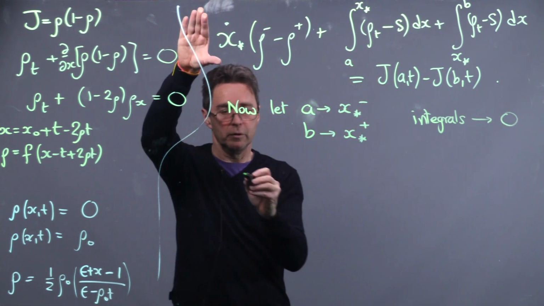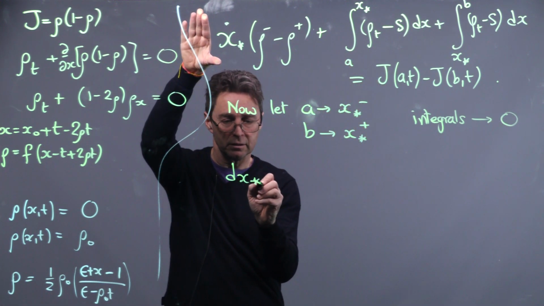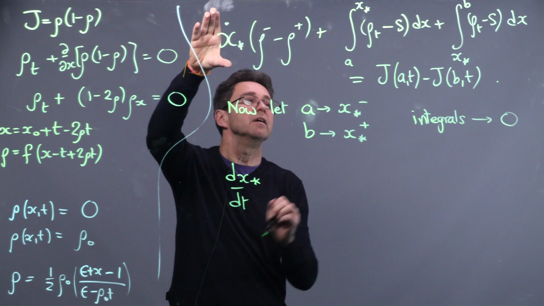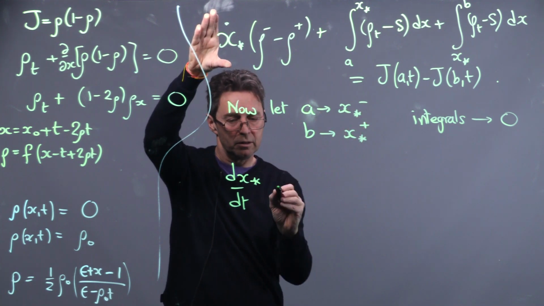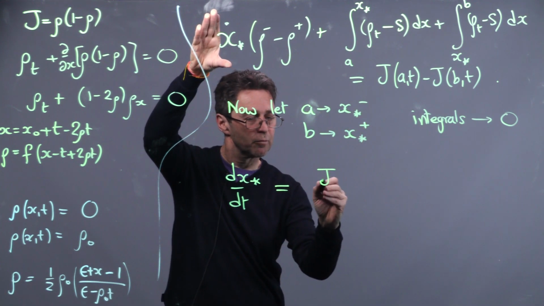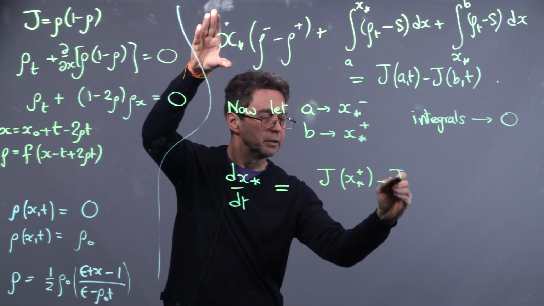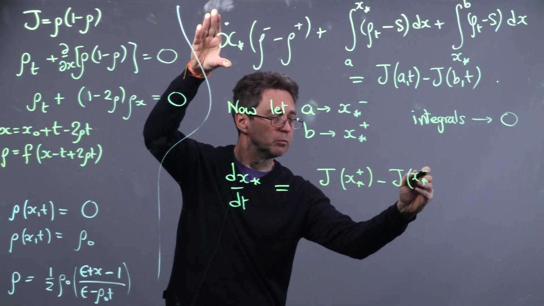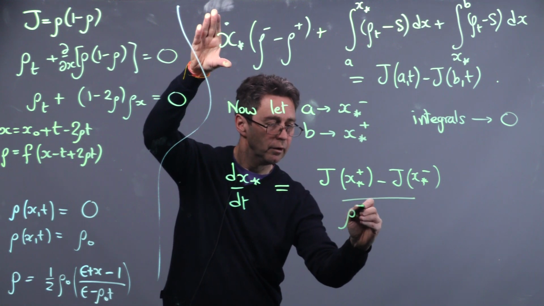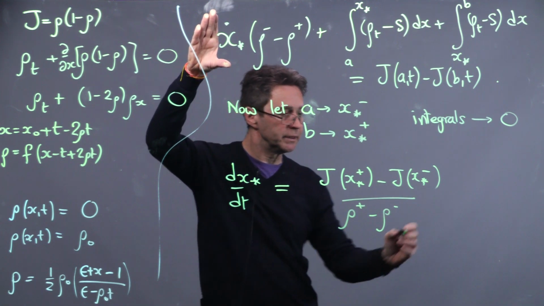What do I get? Well, I get dx star dt times that equals that. I'm just going to write that as j of x star plus minus j of x star minus, divided by rho plus minus rho minus.